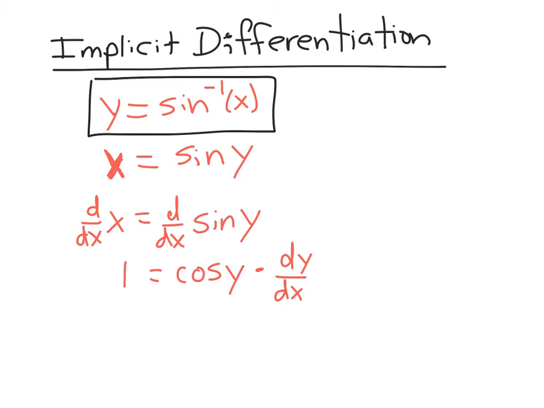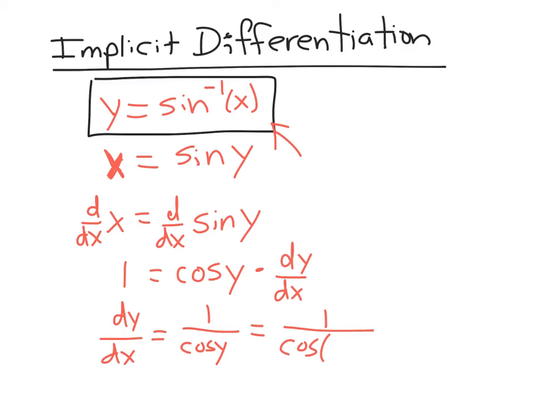So dividing by cosine y on both sides and rearranging this slightly, we'll get dy over dx is equal to 1 over cosine y. And remember, y was just the inverse sine of x up here, so we have 1 over the cosine of the inverse sine of x.